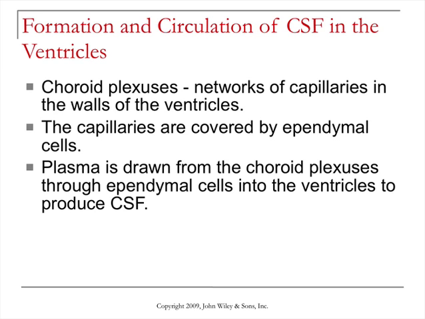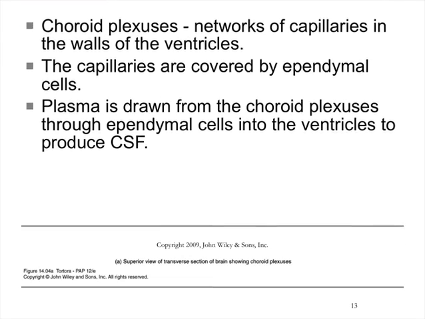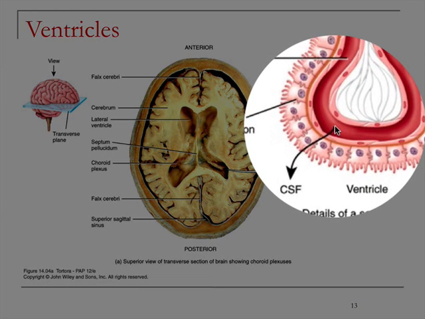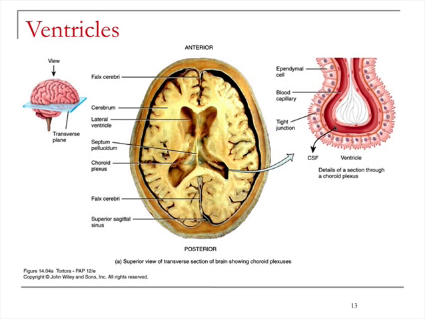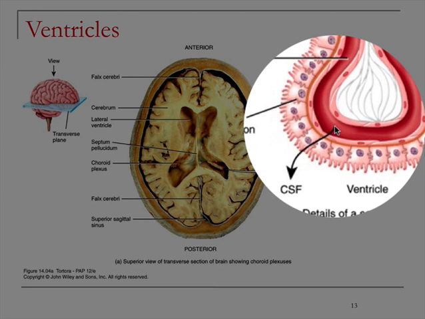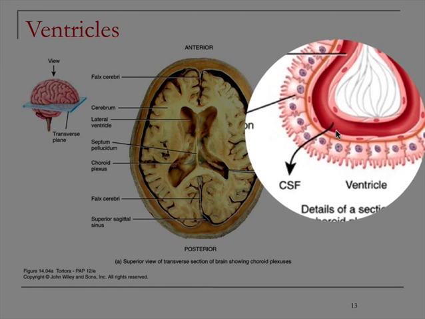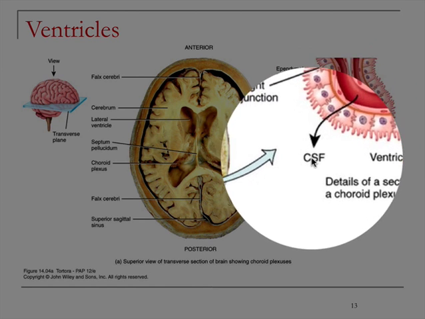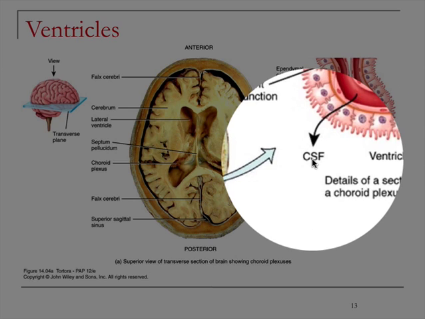So in just a second, we're going to take a look at a picture and we'll explain this in more detail. Here in this portion of the picture, we can see a section through a choroid plexus. As this picture indicates, the fluid portion of the blood, called plasma, squeezes out through the capillary, goes through the ependymal cells that line these capillaries, and then becomes cerebrospinal fluid.